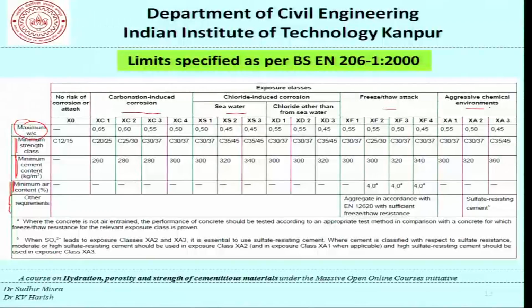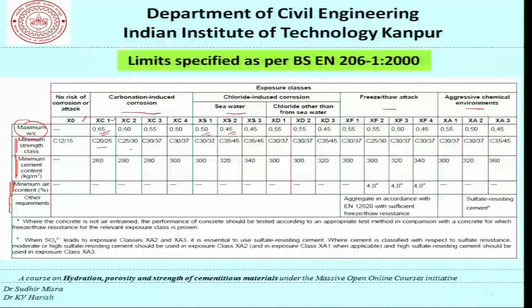So, we can see it ranging from X0 to XC1, XC2, XC3, 4, XS1, 2, 3 and so on, with the maximum water cement ratio from 0.65 to 0.45 here, 0.5 here and so on. These are the values which are listed for the different classes of exposure. When it comes to strength, we are talking in terms of different strength classifications.